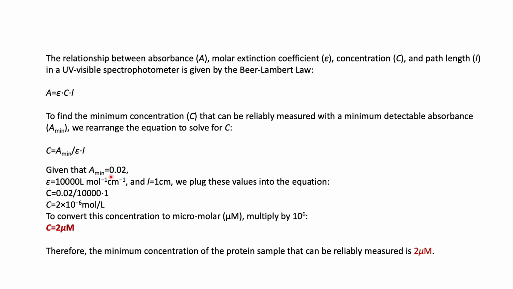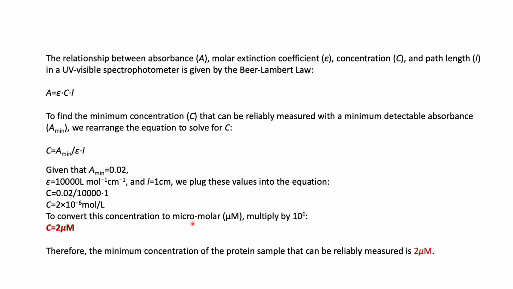So given that the minimum absorbance A is 0.02 and the molar extinction coefficient epsilon is 10,000 liter per mole per centimeter and the path length L is 1 centimeter, we apply these values in the equation. So C is equal to 0.02 divided by 10,000 into 1. So this gives us C is equal to 2 into 10 power minus 6 moles per liter.